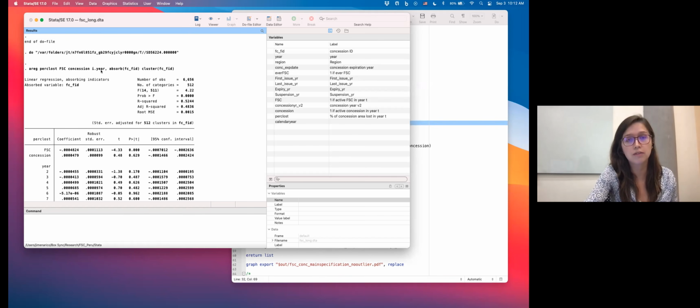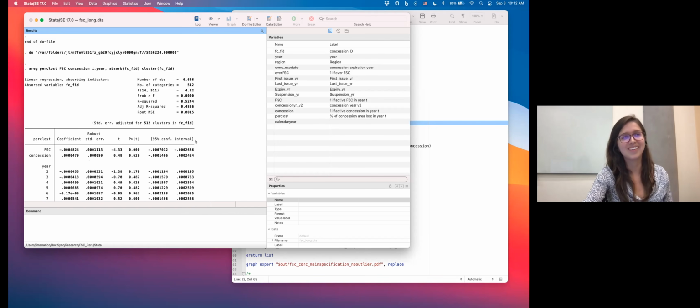We include year fixed effects, concession fixed effects, and then we cluster at the concession level. And we get that the effect of FSC is a reduction in deforestation, and it's statistically significant, and the concession effect is not statistically significant.